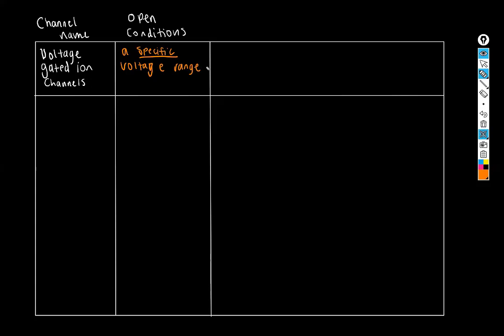So this is going to be the for example column. So for example, calcium channel in the cardiac muscle. This one, it could be that, or it also just could be the sodium channels for regular neurons.